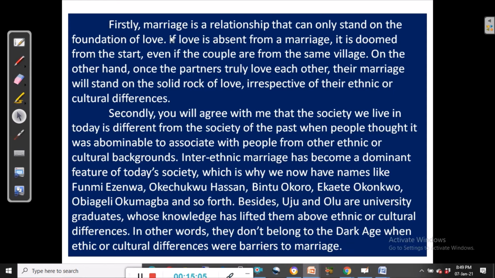Firstly, marriage is a relationship that can only stand on the foundation of love. If love is absent from a marriage, it is doomed from the start, even if the couple are from the same village. On the other hand, once the partners truly love each other, their marriage will stand on the solid rock of love, irrespective of their ethnic or cultural differences.